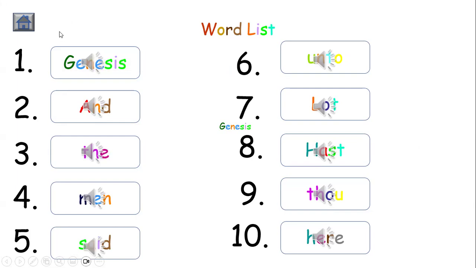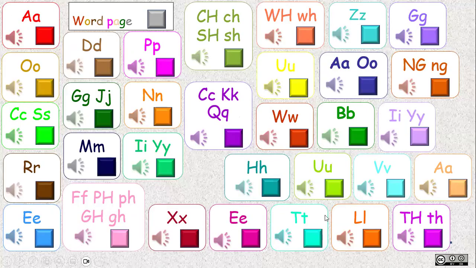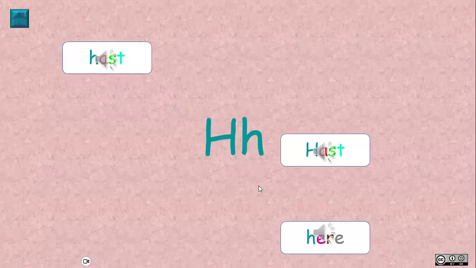And go back to the home page and find the first letter, which is a teal H. And we'll find it says H. And go to that page and it says hast.